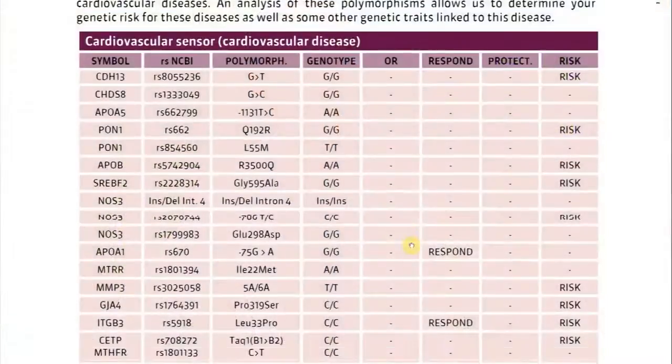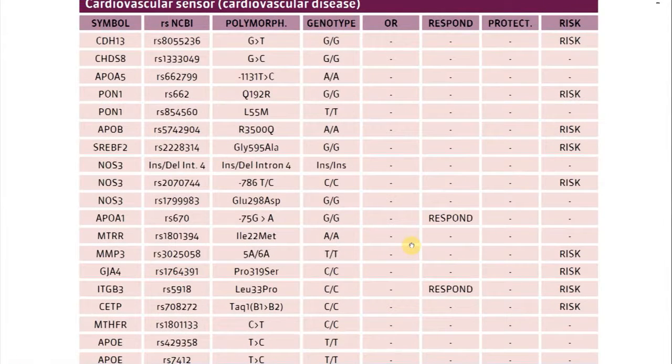Responder means, if it says respond, that due to these genes here, you respond to something particularly well. It might be a kind of medical treatment. It might be a lifestyle intervention that is just better for you than it is for many other people. Protective means that these genes might protect you from a certain risk. So it's not an increased risk, but actually protection.